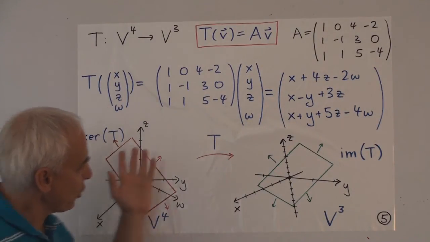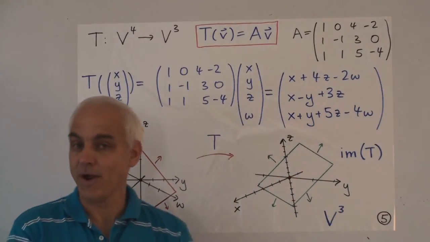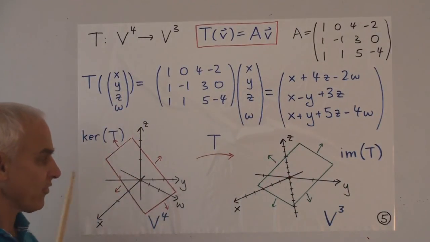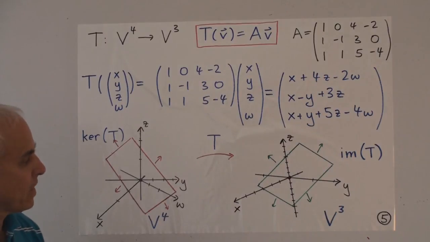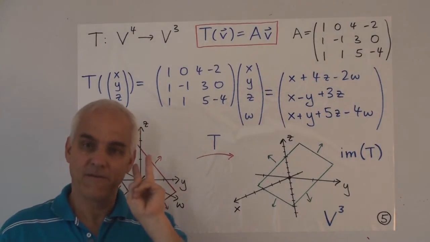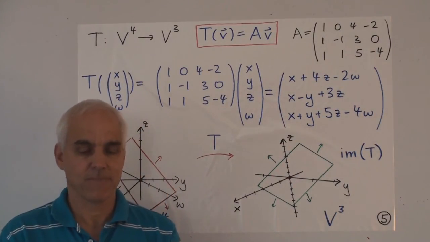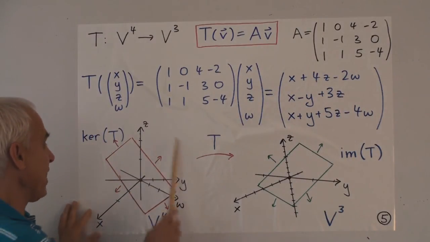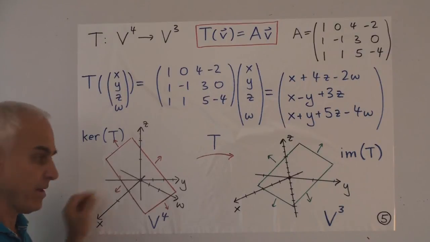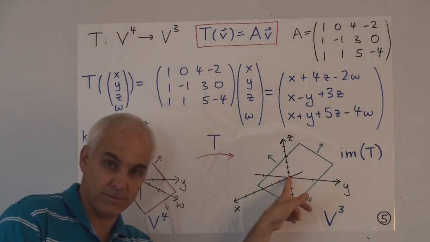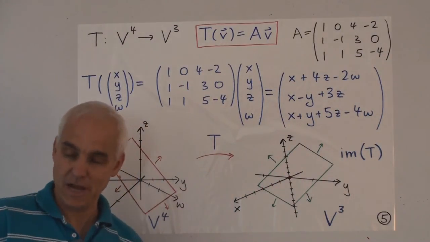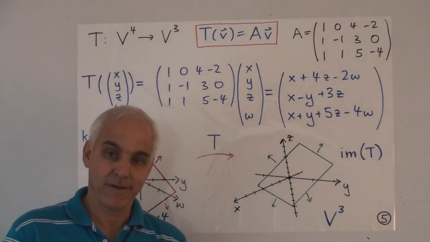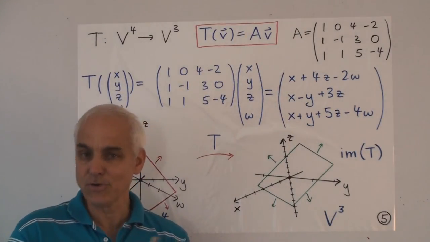Now, when we look at this linear transformation, this particular one, how are we going to understand this? We're going to ask 2 fundamental questions. The 2 fundamental questions are, first of all, which vectors over here get sent to the 0 vector? That turns out to be a very important, reasonably natural and crucial question.